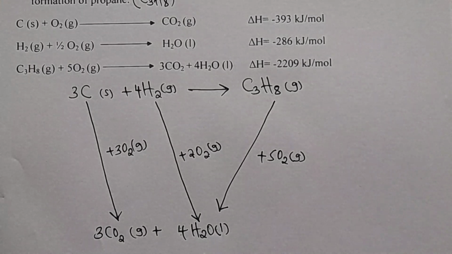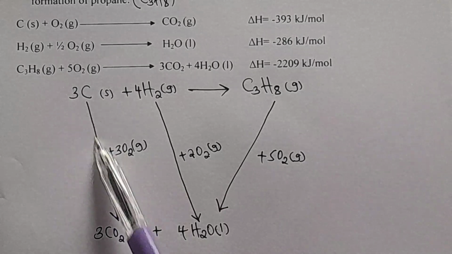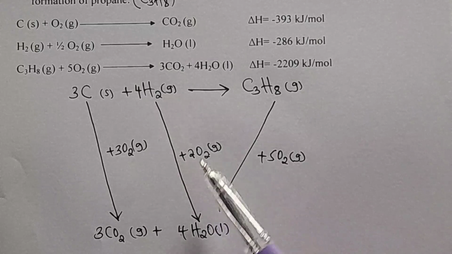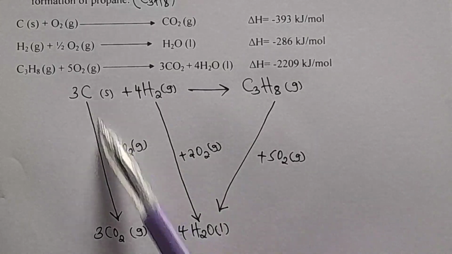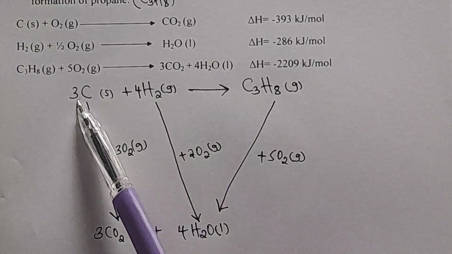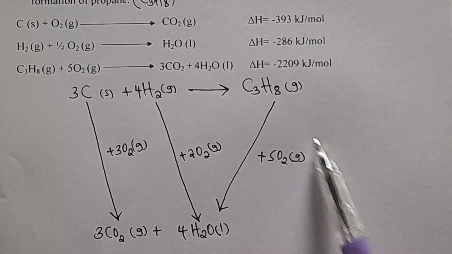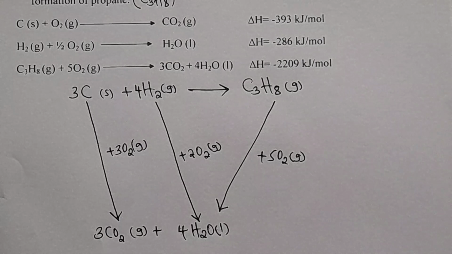So in our case, there are 2 routes of obtaining carbon dioxide and water. One route is carbon burning in oxygen giving us carbon dioxide, plus hydrogen burning in oxygen giving us water. The other route is carbon reacting with hydrogen giving us propane, and we take that propane, we burn it in oxygen, and we get carbon dioxide and also water.